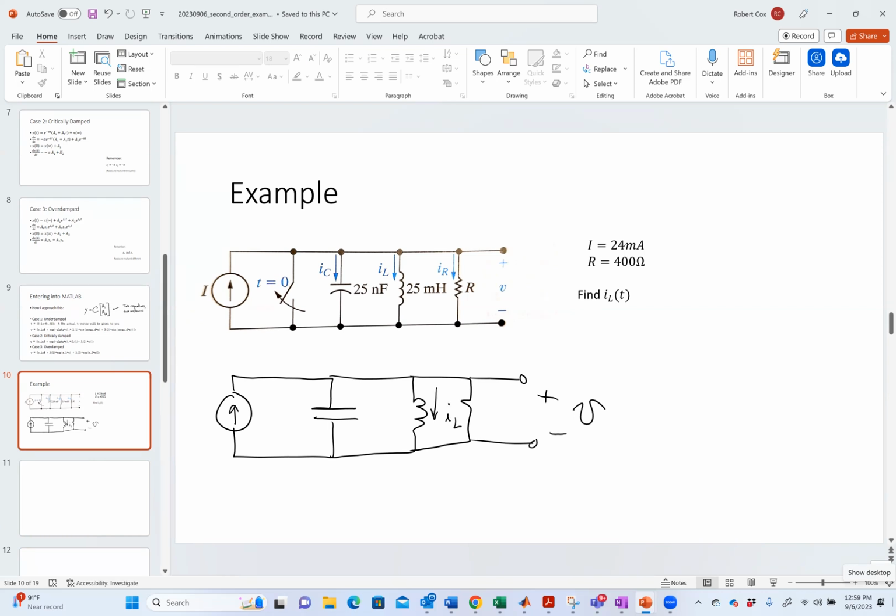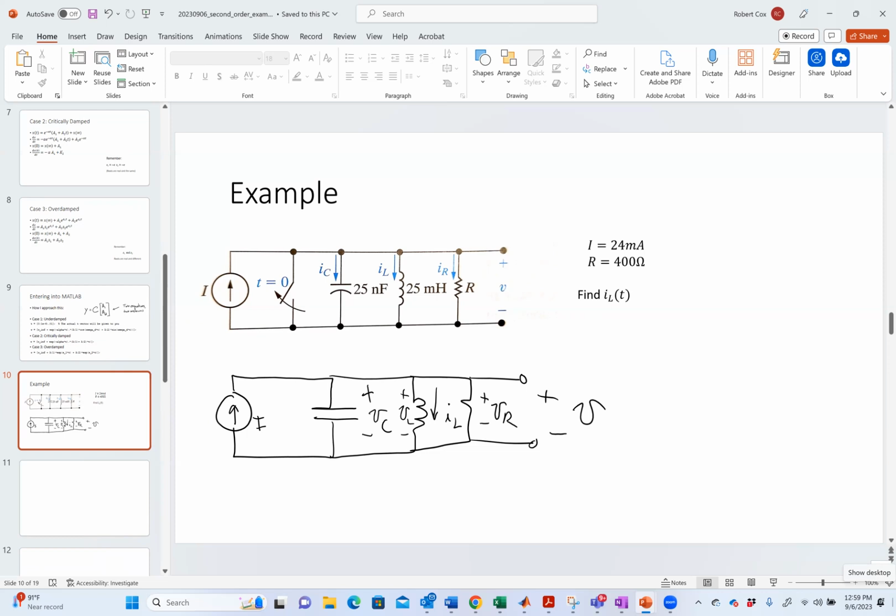If I do KCL, in terms of the way these currents are defined, I have IC, IL, and IR. I want to pick polarities for everything. Here's VC, here's VL, here's VR. IC is going down, IL is going down, IR is going down.